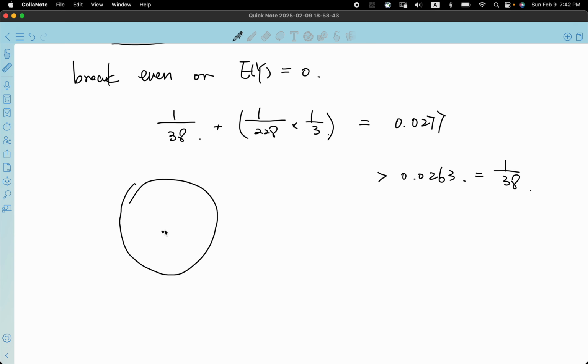So let's say it used to be this region, the original 1/38.